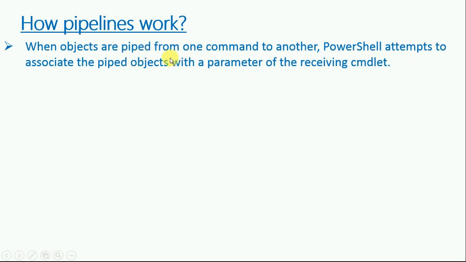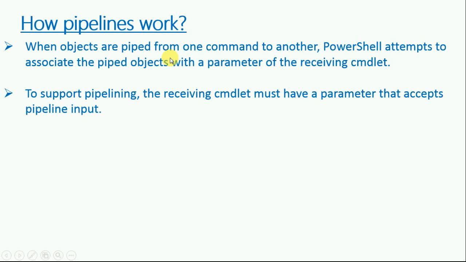This is how a pipeline basically works. The receiving cmdlet must have a parameter that accepts pipeline input. If any cmdlet used in a pipeline has no parameter accepting pipeline input, then we will not be able to use it in the pipeline. So it is very necessary that a parameter of the receiving cmdlet accepts pipeline input.